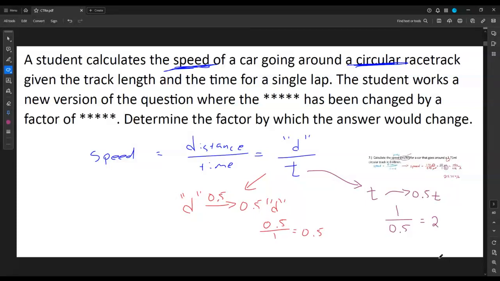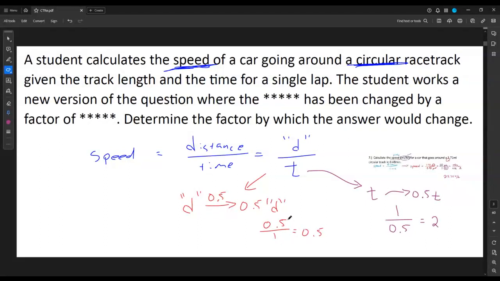So one of the major things to look at here is the placement of the variable. You want to see where these are in the formula. If the variable doesn't have anything fancy going on, if there's no exponent on it, no square root, no addition or subtraction or extra steps, it's not multiplied by anything else, then we end up getting the factor back as an answer.